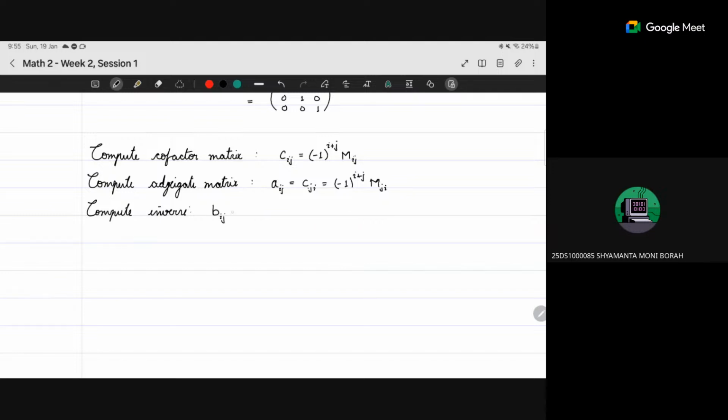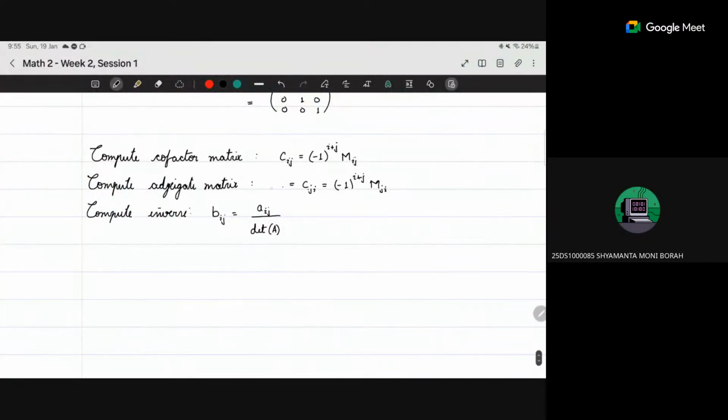Let me just call it Bij. So the ijth component of the inverse of a matrix is minus 1 to the power i plus j Mji divided by the determinant of A.